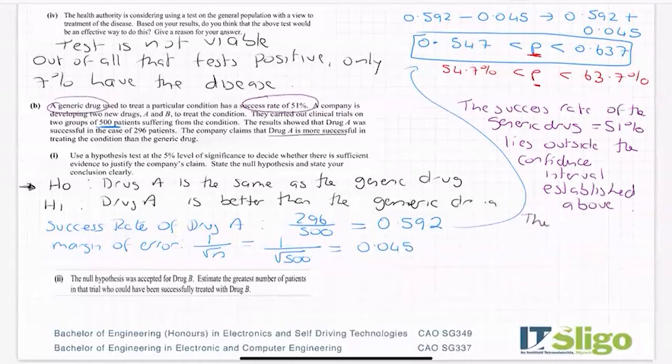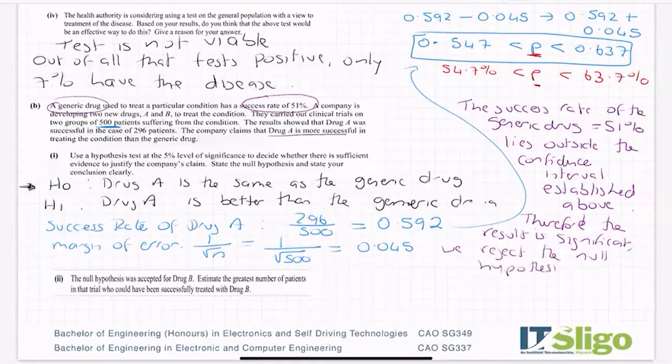Therefore, the result is significant. We reject the null hypothesis and conclude that drug A is better than the generic drug.